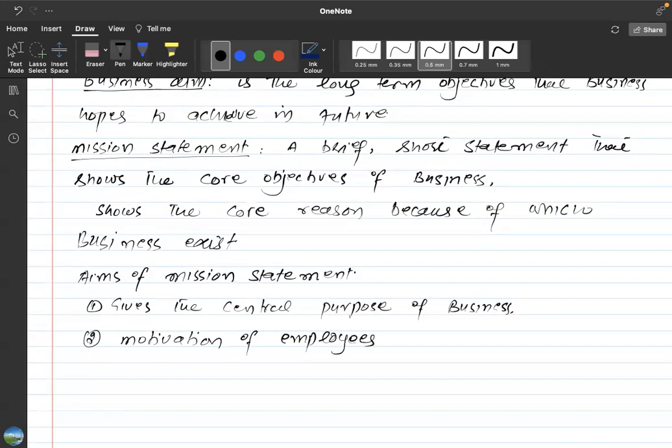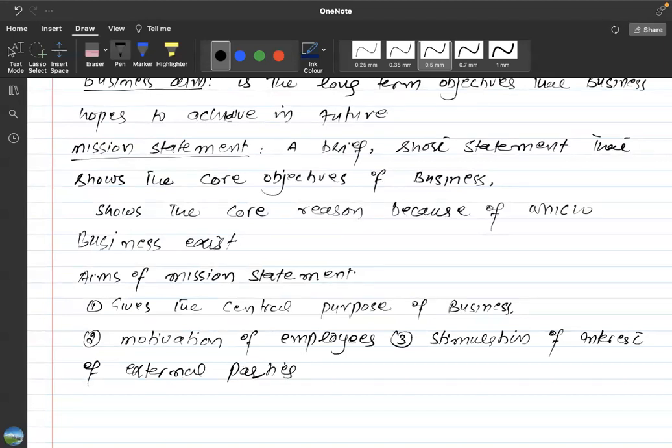Mission statement also stimulates the interest of external parties, as I discussed earlier. Mission statement also becomes the context of the corporate culture. Businesses develop their cultures on the basis of mission statements.